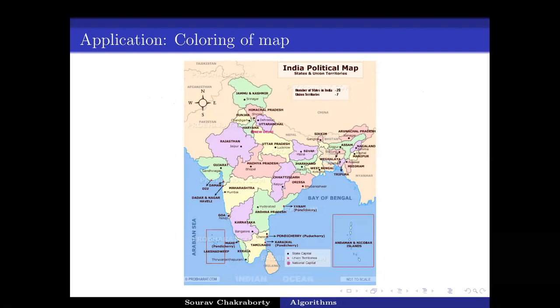There is this thing called a planar graph. A graph is planar if it can be drawn in the plane without any edges crisscrossing. There is this famous theorem that every planar graph can be colored with 4 colors. Given any political map, note that, say, West Bengal is adjacent to Jharkhand, Bihar, Meghalaya.